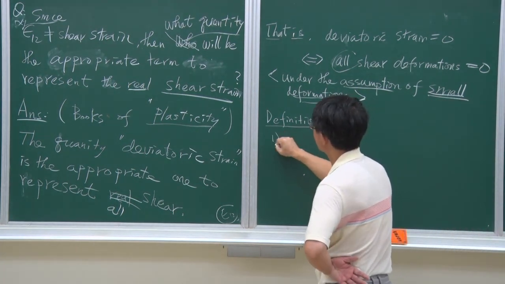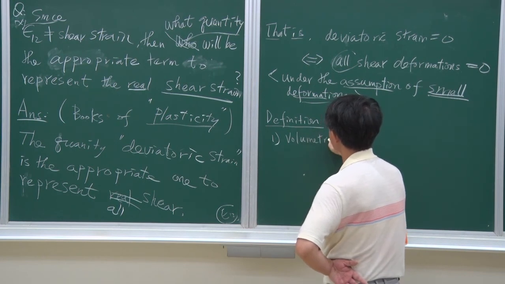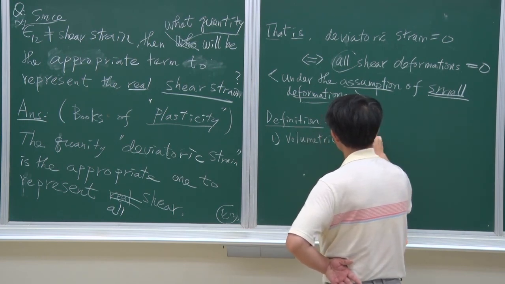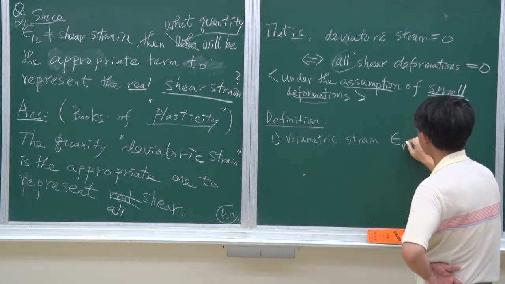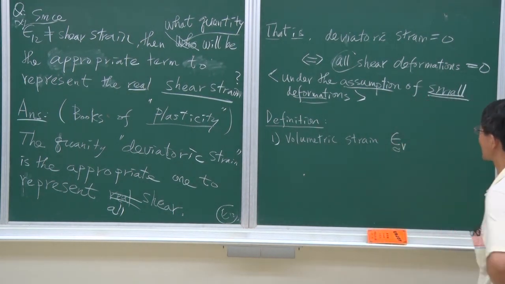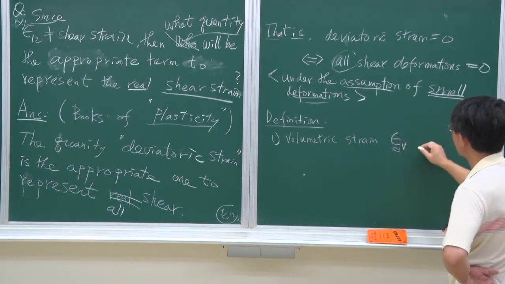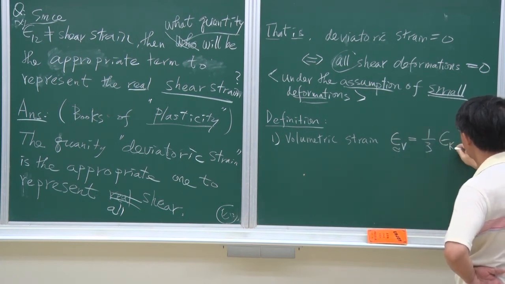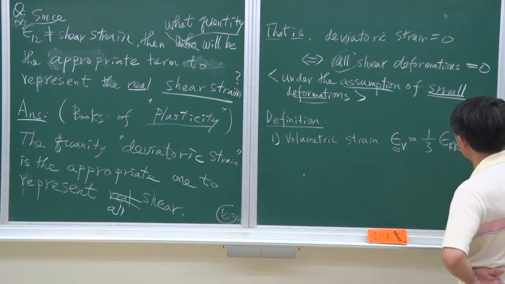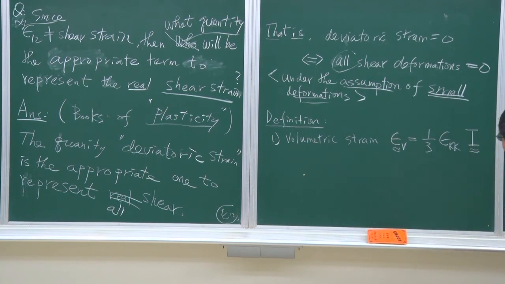One, volumetric strain, absolute V. Okay, call it volumetric strain, absolute V, equals 1/2 kk, what I. Okay, yes.